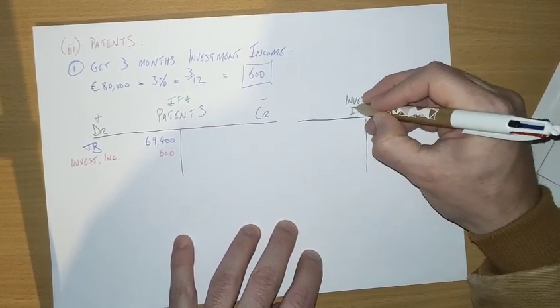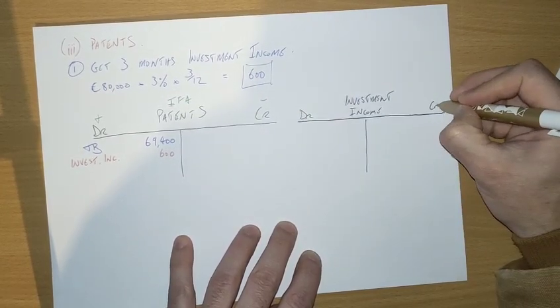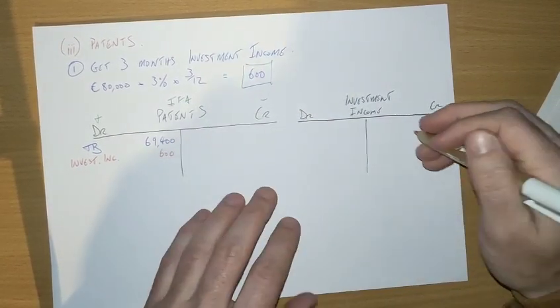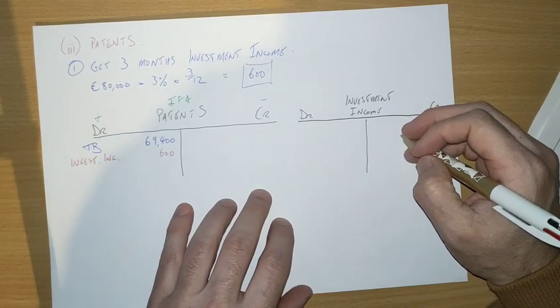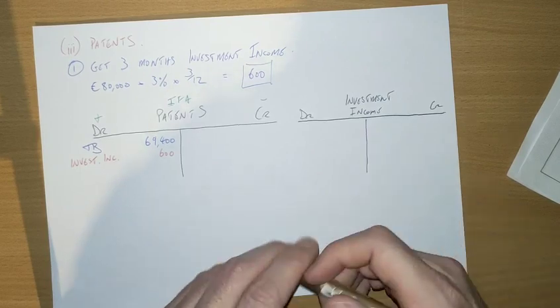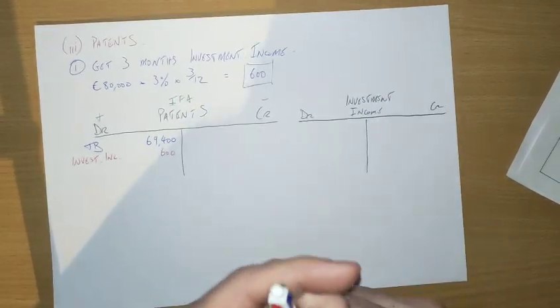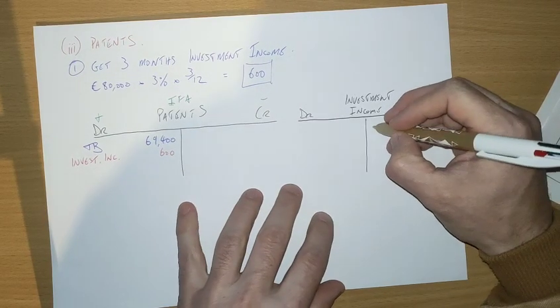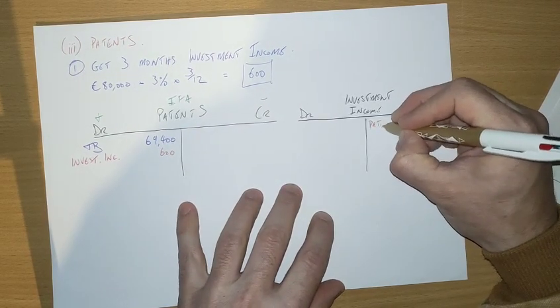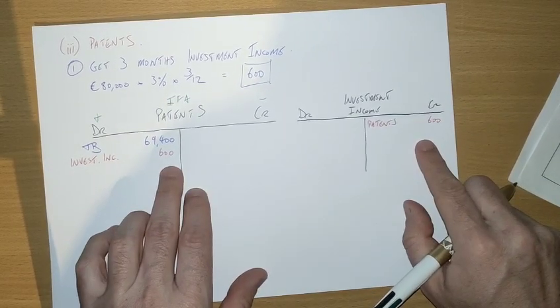Of course this is an income account, but it could turn into an asset account, we'll see how it works out. If you're debiting the patents account 600 euro, you're crediting your investment income account, so I'm just going to write patents here, 600. There's your double entry complete.